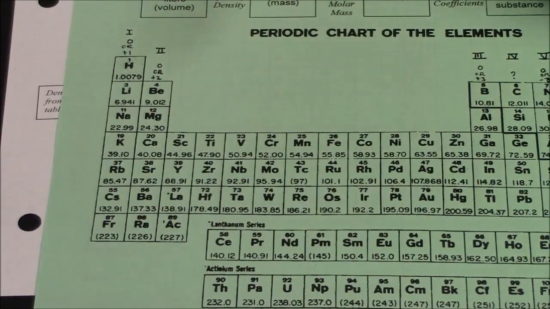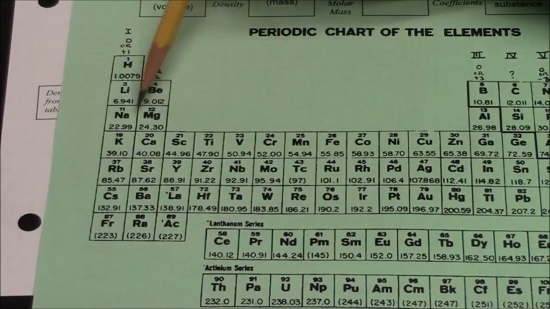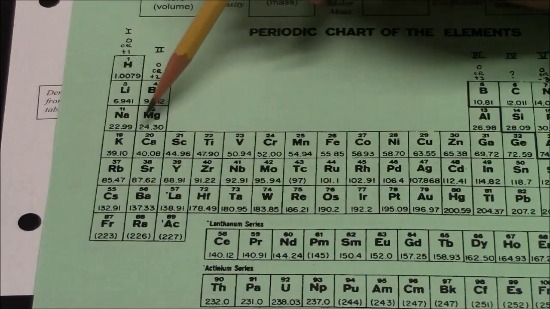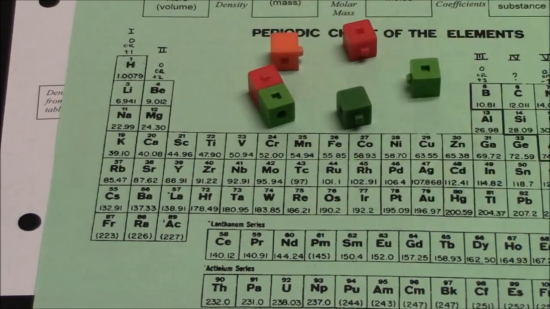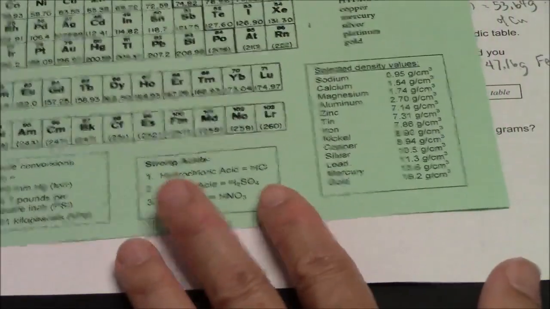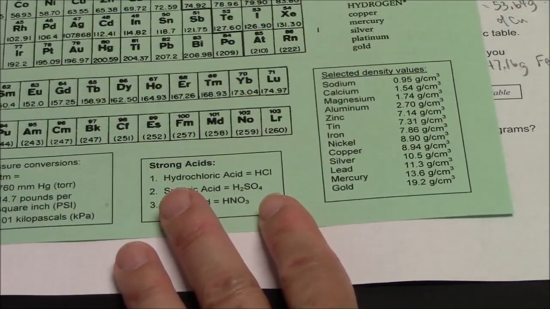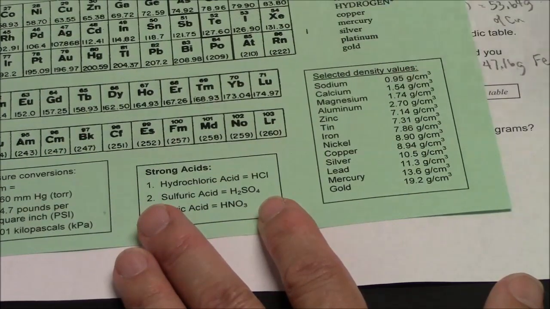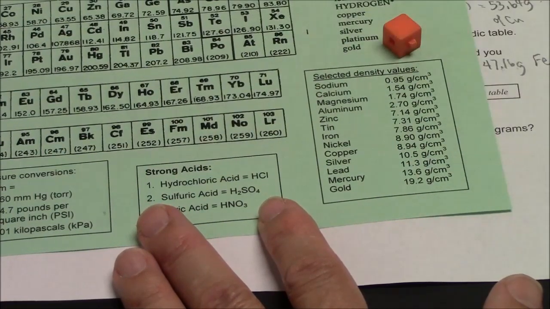You'll need to use your periodic table. The beginner's mistake is to use the molar mass and say this has some bearing on the question, but that is not a ratio of grams per cubic centimeter, so it's not useful. Instead, you want to go here and see that the density of magnesium is 1.74 grams for each cubic centimeter.